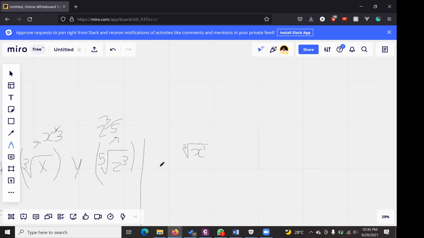In your exam, I do not necessarily expect you to go right to z to the 3/5. You don't have to transform it to the power form, but you should know mentally that the n value we're working with would be 3/5.